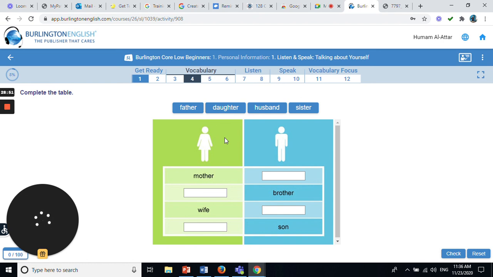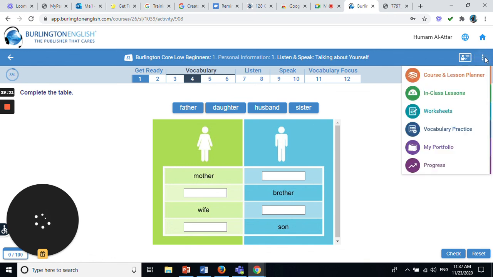The woman can be a mother, can be a wife, can be what else? Father, daughter, husband, or sister. You can click on these words and move them around and put them wherever you want, like in these spaces. If you click on it again, it will go back to where it was.